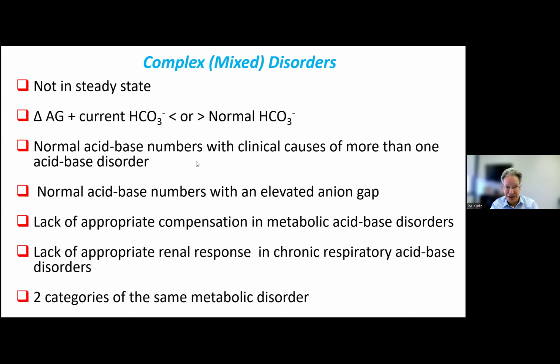Look for normal acid-base numbers with clinical causes of more than one acid-base disorder. Look for normal acid-base numbers with an elevated anion gap. Look for the lack of the appropriate compensation in the metabolic acid-base disorders in your patients like this last case, or look for the lack of appropriate renal responses in chronic respiratory acid-base disorders, or look for more than one category of the same acid-base disorder.